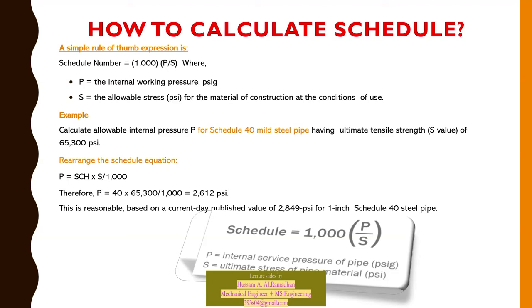Rearranging the schedule equation, P is equal to SCH multiplied by S over 1000. Therefore, P is equal to 40 times 65300 over 1000. The result will be 2612 psi. This is reasonable based on the current day published value of 2849 psi for 1 inch schedule 40 steel pipe.